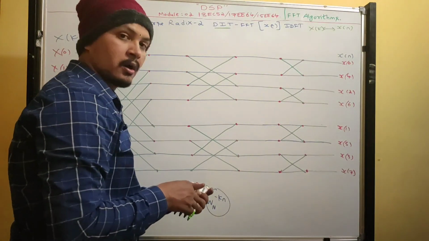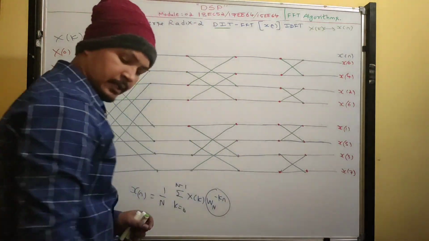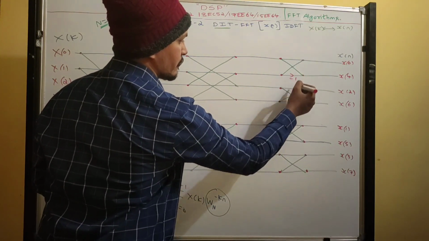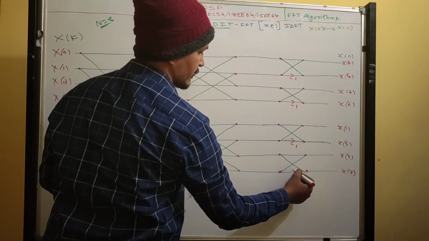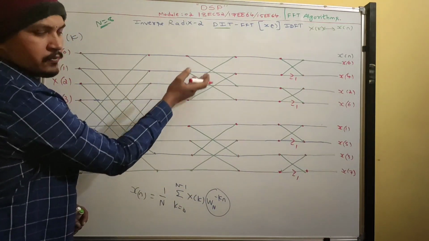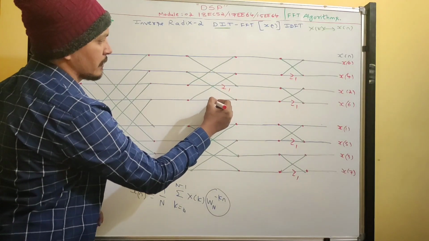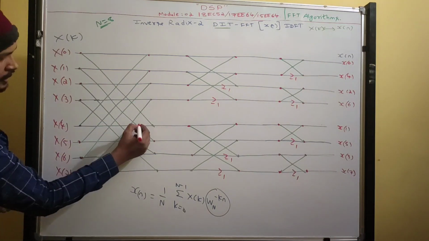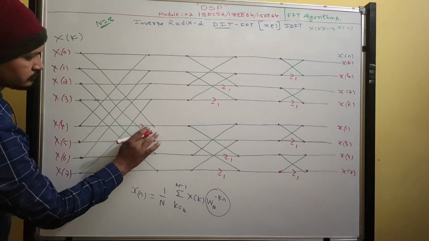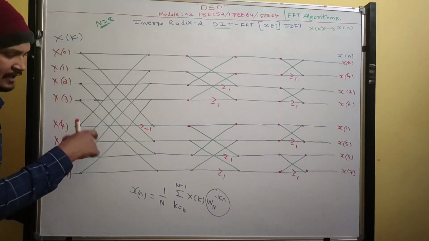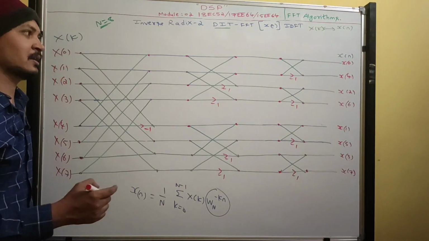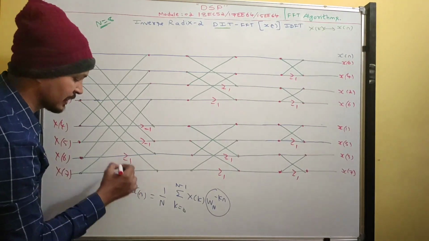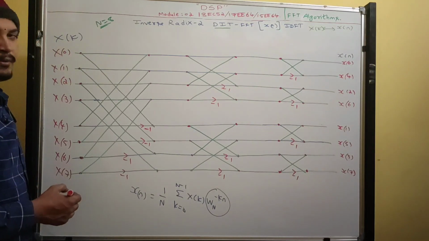Before writing the twiddle factor, since it is 2 point, leave 1 line and at the bottom you write -1. Totally for 4 lines, leave 2 lines and in the bottom 2 lines you write -1. And here leave 4 lines and in the bottom 4 lines you write -1. In the derivation you will get it like this. Why -1 here only? For that you should derive. It takes more time, and it is very rarely asked in university exams.